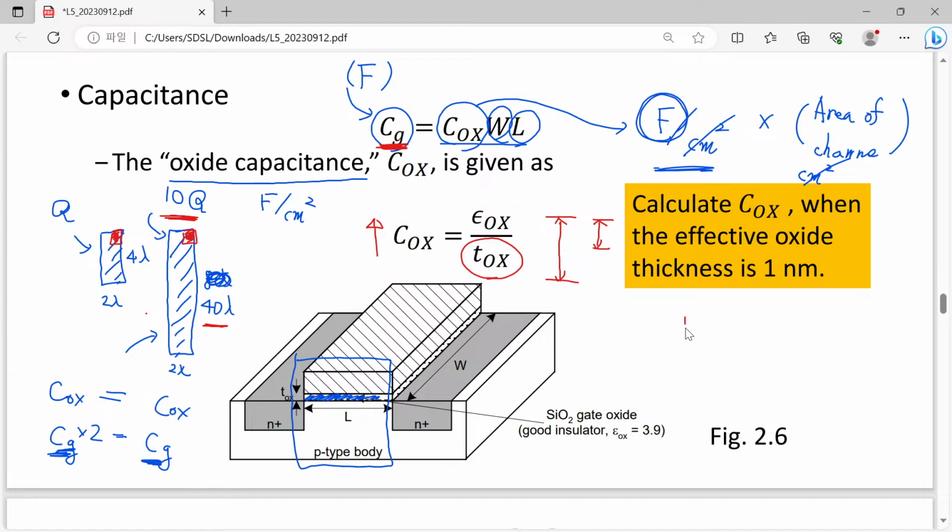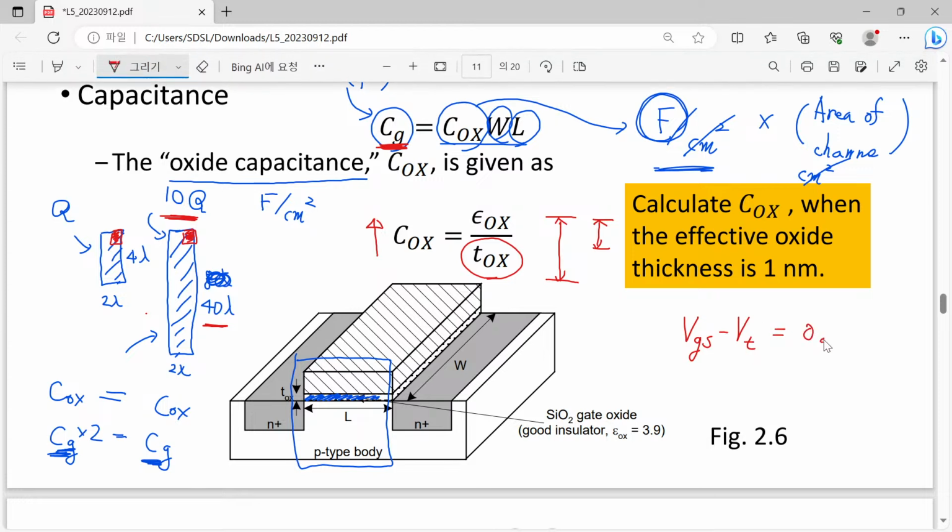Let's say, for example, your gate source voltage minus Vt happens to be 0.3 volt, and you have decreased your oxide thickness from 4 nanometer to 2 nanometer. Then what will happen?